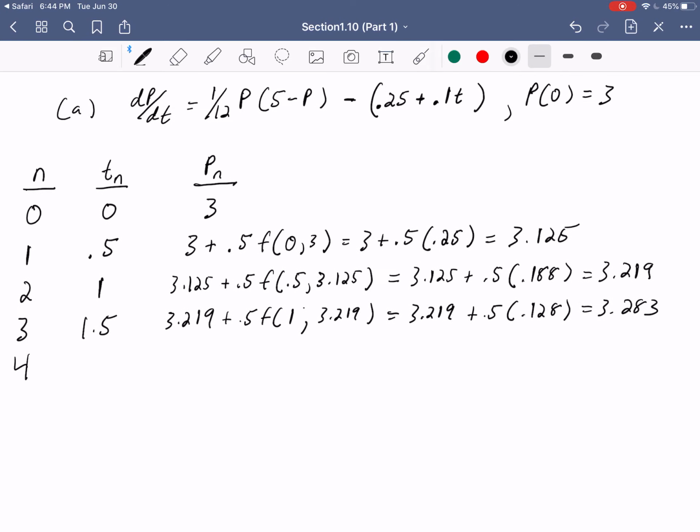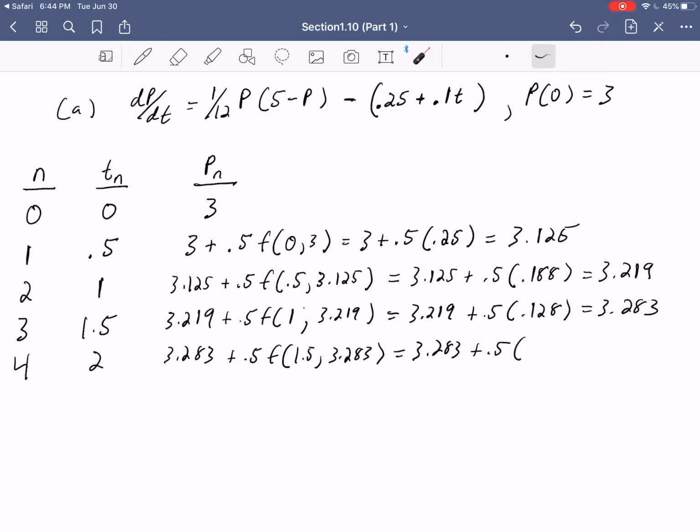Now we're at the 2-year mark. So we have 3.283 plus 0.5 f of now 1.5, previous t value, and 3.283, previous p value. So that's going to be 3.283 plus 0.5 times. Plug this stuff in.